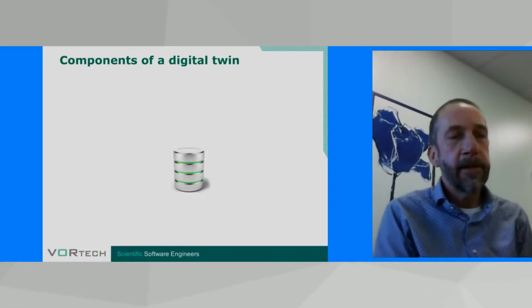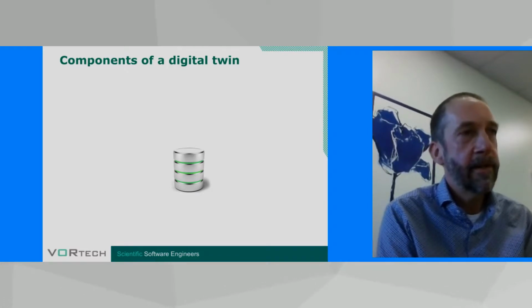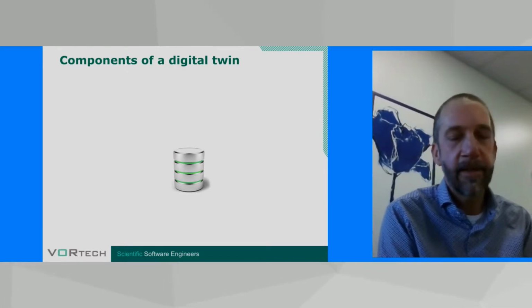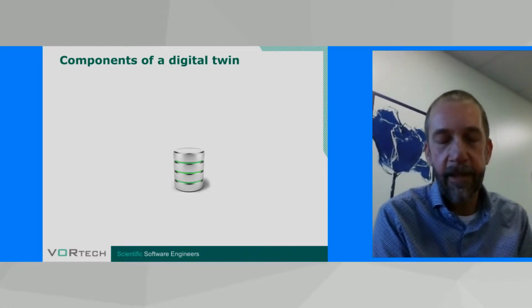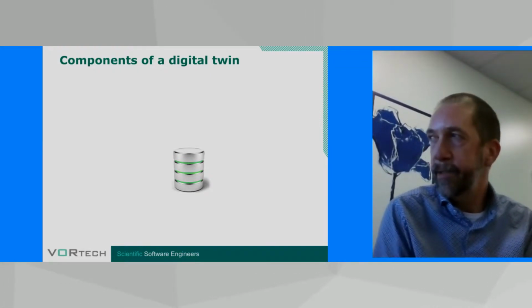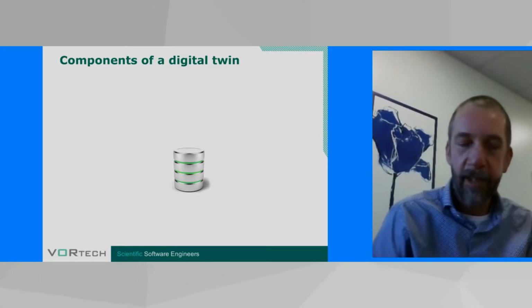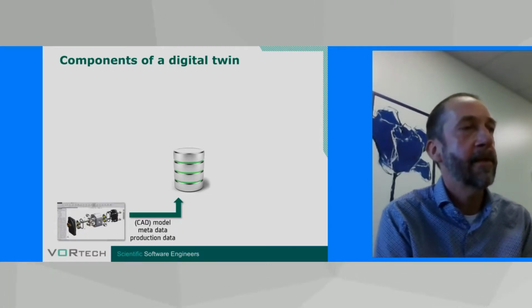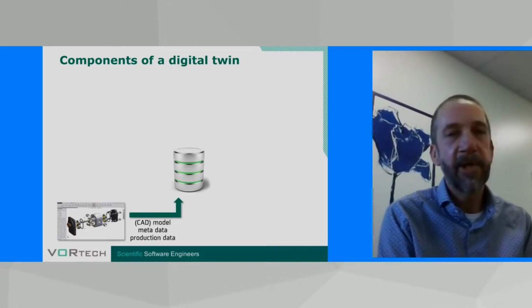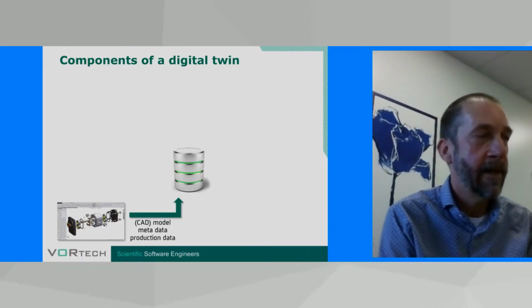Now, if we then look at what a digital twin is in terms of system parts, the central element in a digital twin is the database. And database in this term is a very broad concept because it also includes the model data and also the model itself, sort of.